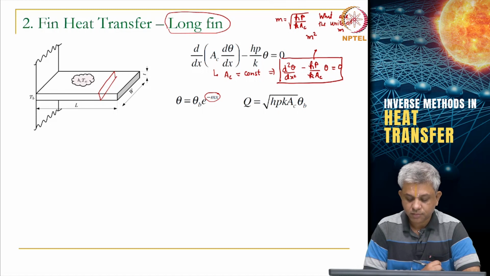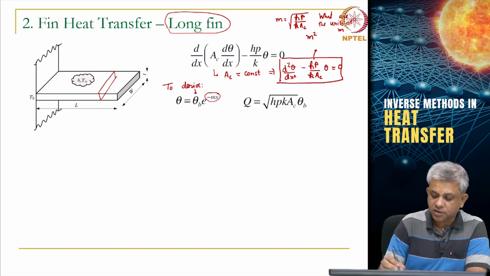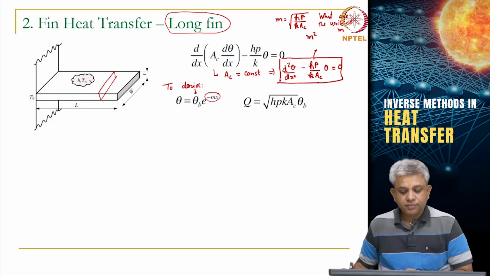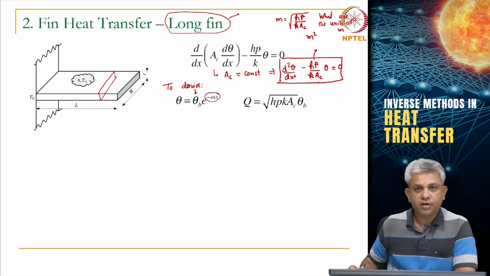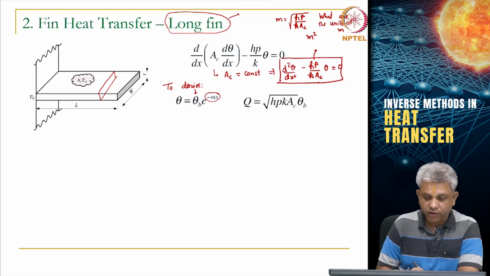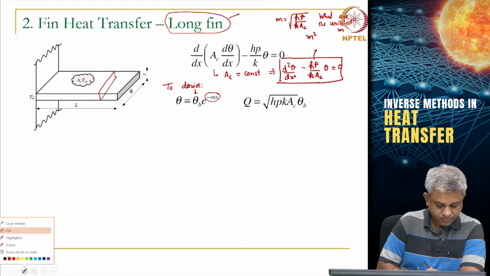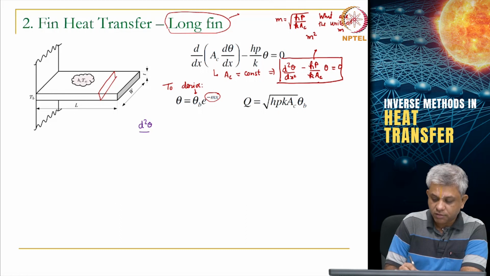So we want to derive these two expressions from this equation. The specific case we are looking for is the long fin case. Now if this is the differential equation, you can write it in the following form: d squared theta by dx squared minus m squared theta equal to 0.